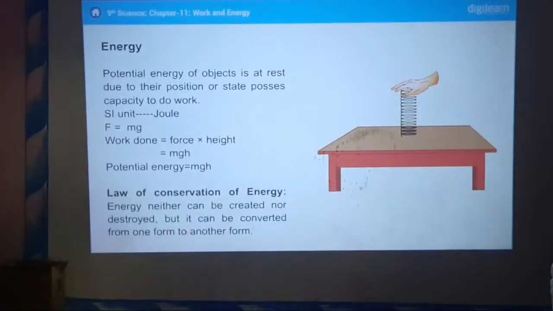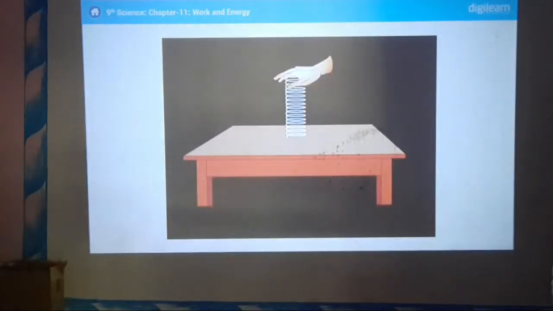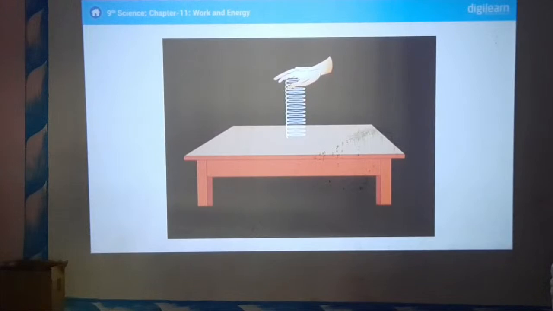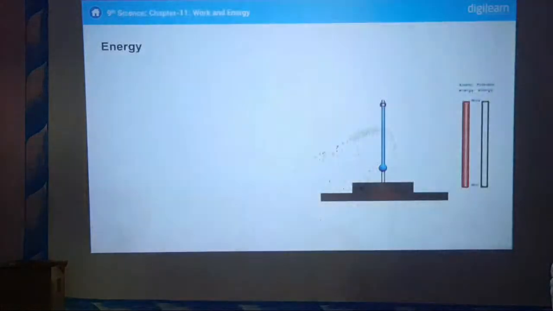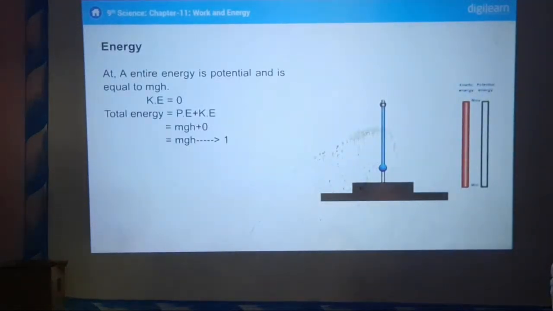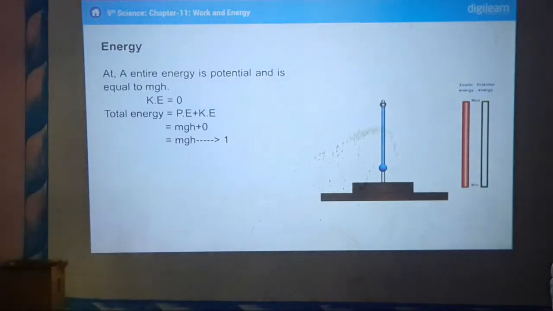Law of conservation of energy. Energy can neither be created nor destroyed, but it can be converted from one form to another form. At A, the entire energy is potential and is equal to mgh. KE equals 0.